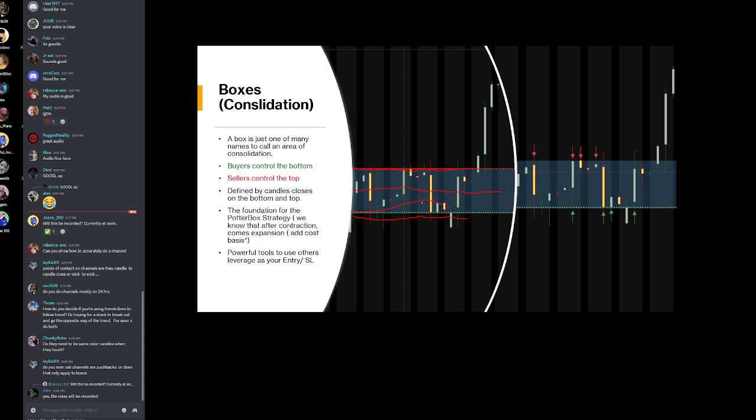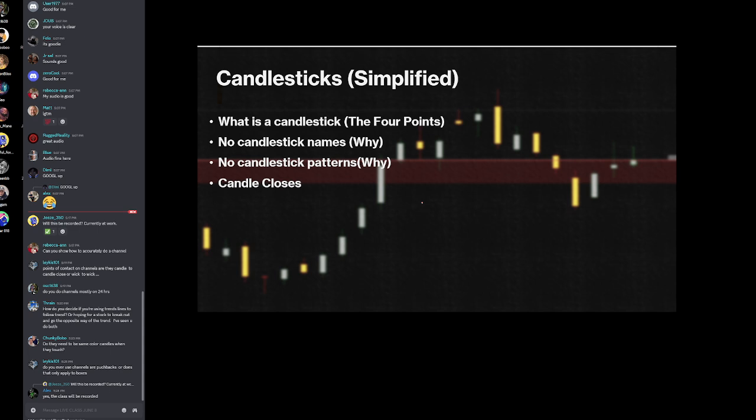This is the foundation. But also understanding candlesticks, right? What is a candlestick? Now, in these slides, I try to provide some context as to why I do not ever consider labeling a candle as a doji for the purpose of deriving a signal from it. That is against the law in my book, right?